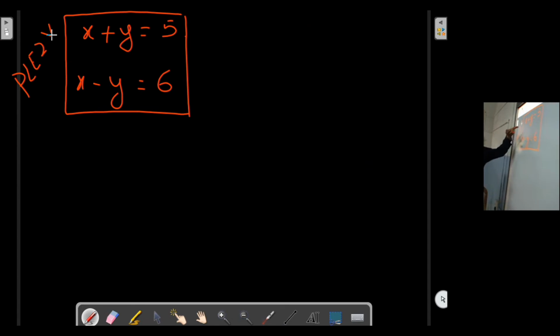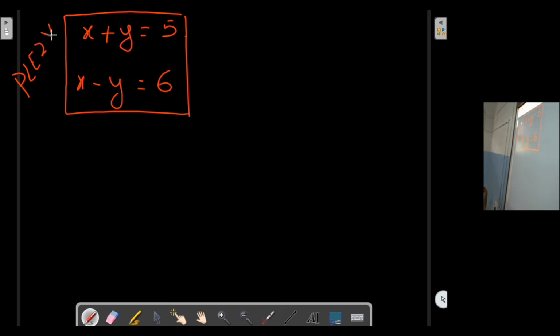Pair means we have to take the same kind of equations. That's why it is called a pair of linear equations in two variables.